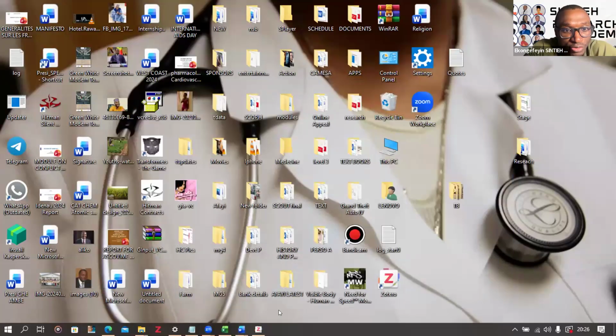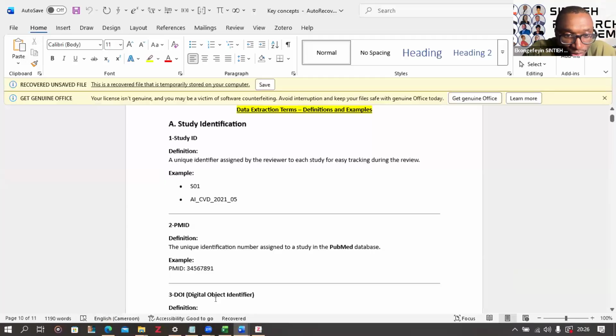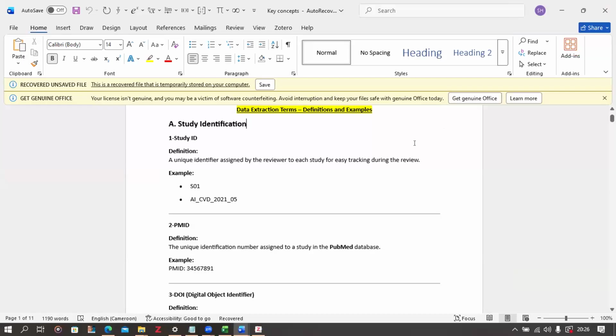Okay, Doc, for the sake of time, I'll just go straight to the point. Since the study involved cardiovascular disease and machine learning and all these things, I did not really understand the concept of the columns.